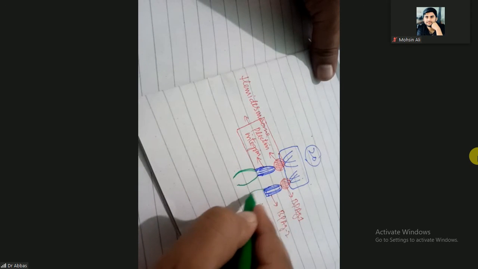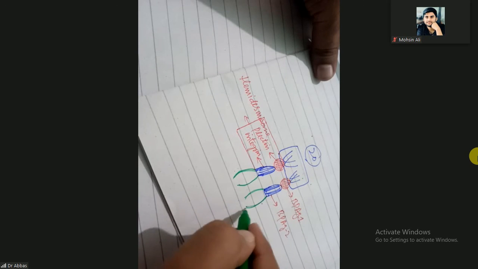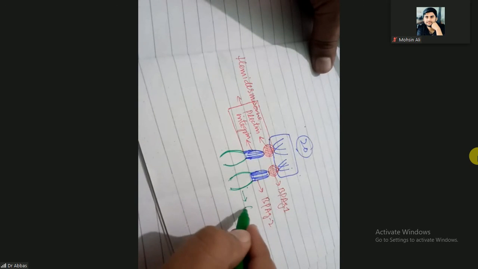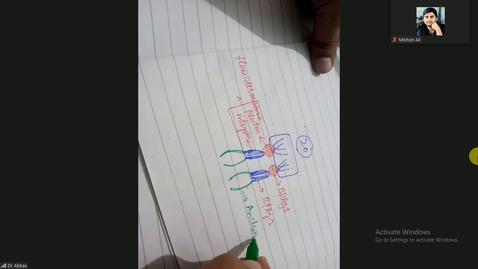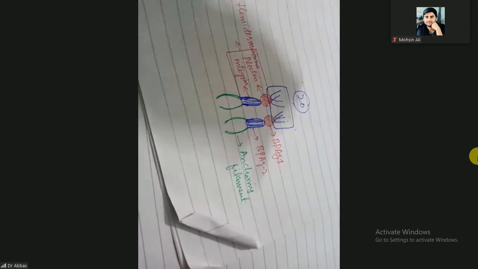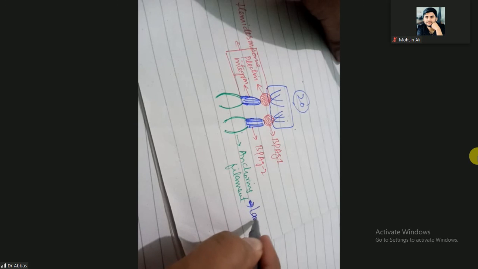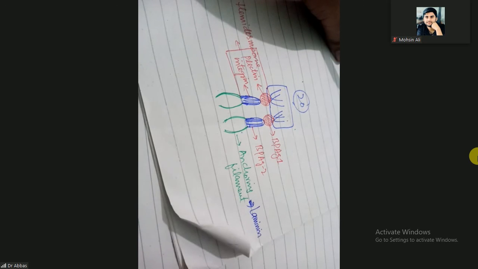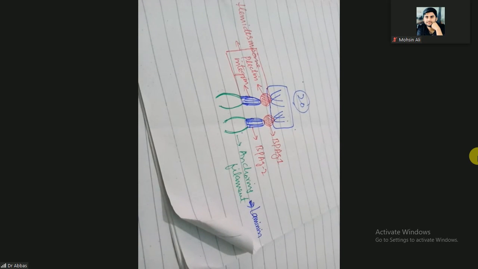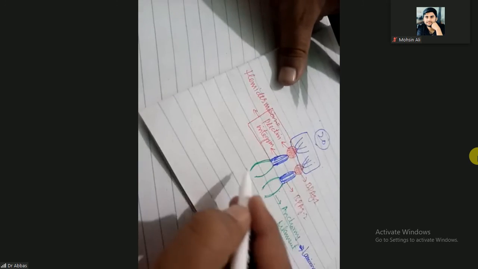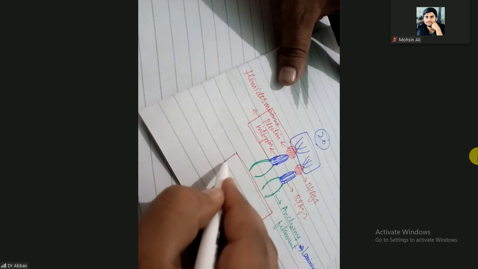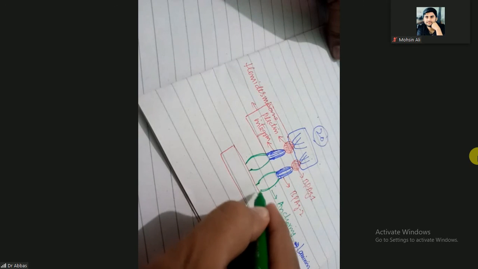Lower to that is the anchoring filament. This anchoring filament is made up of the protein laminin. Then lower to that will be the basement membrane. It is anchoring to the basement membrane.